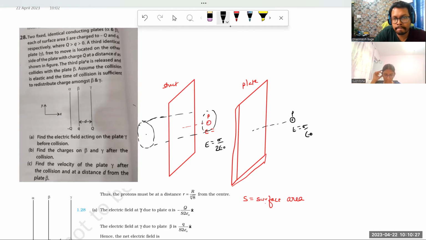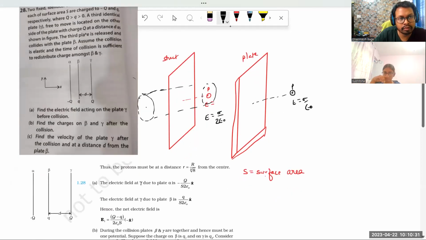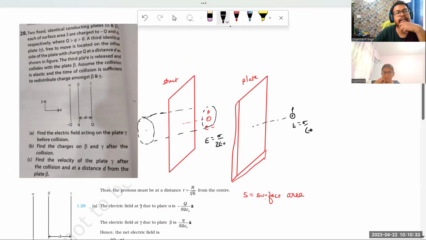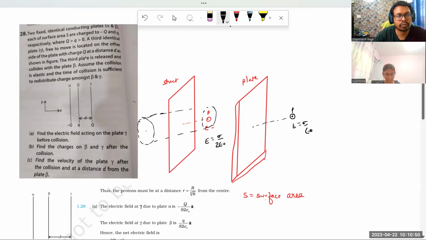And here, two fixed identical conducting plates, alpha and beta, each of surface area S, are charged to minus Q and Q respectively, where Q is greater than small q is greater than 0.